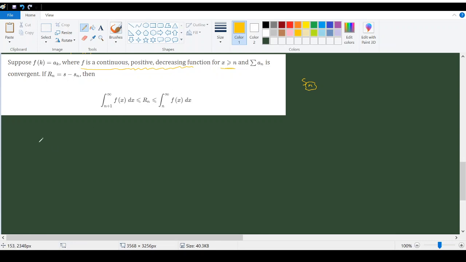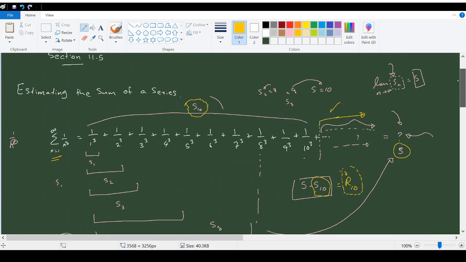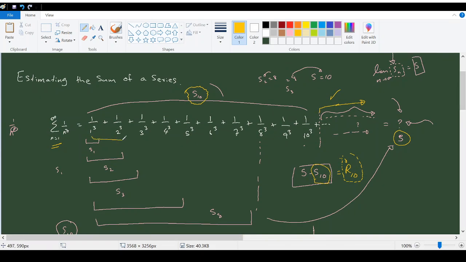So let's do an example. We'll consider the same example. If we have this series, then we have already shown that this function satisfies these conditions. Even in this explanation I took 10 terms, so we are taking the addition of the first 10 terms.